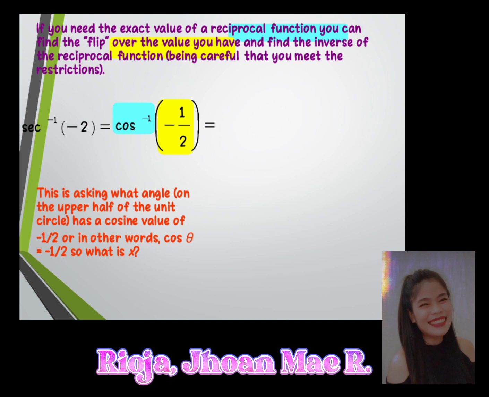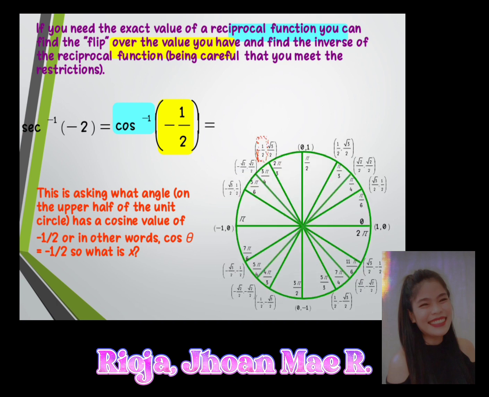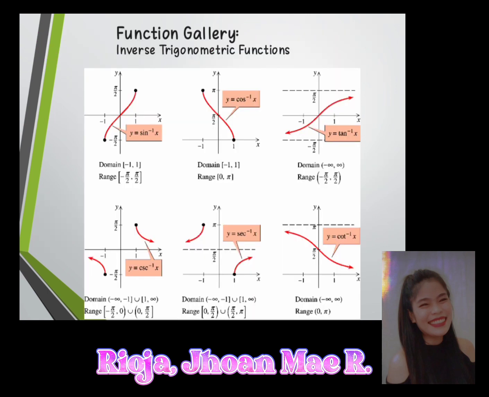So what is the x? As you can see on our unit circle, 1 half, then the answer is 2 pi over 3. So as you can see, this is the function gallery of inverse trigonometric functions. That's all. Thank you.